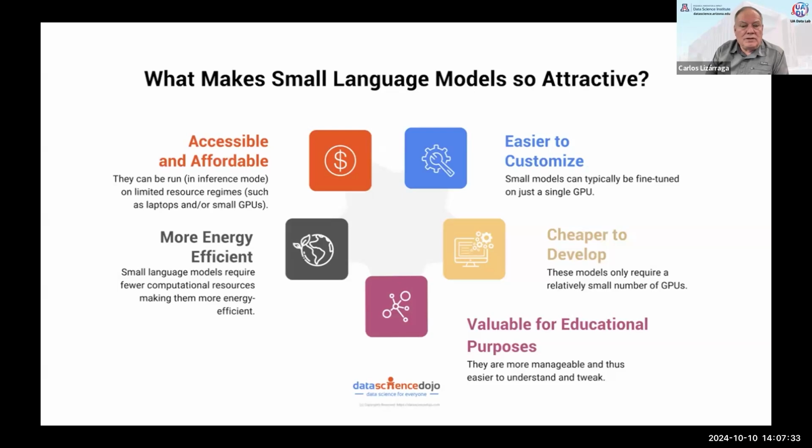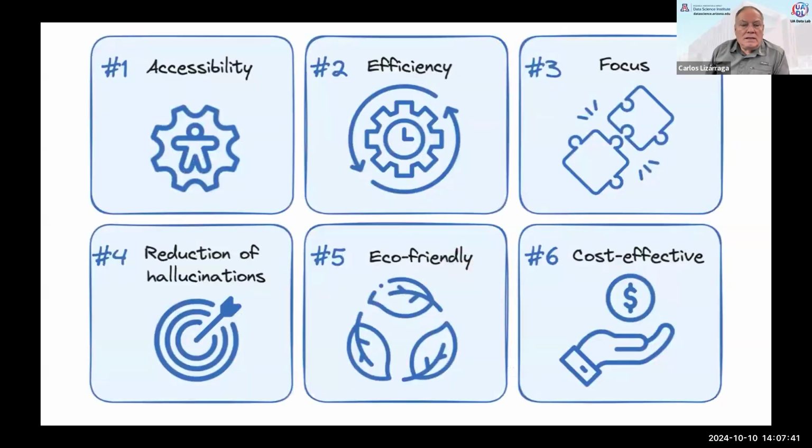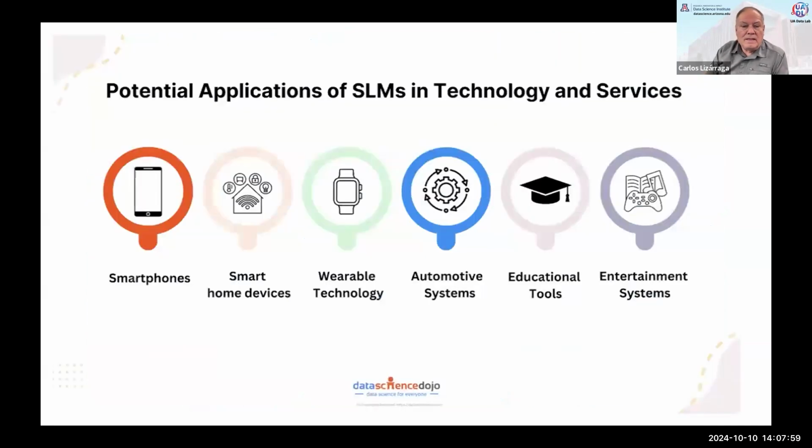Being more accessible means that you can run them on your laptops, or you don't require a large number of GPUs. These are basically the main characteristics. They're accessible, energy-efficient. They can focus on some tasks. You can reduce the number of hallucinations. They are more eco-friendly since they don't consume too much energy, and cost-effective.